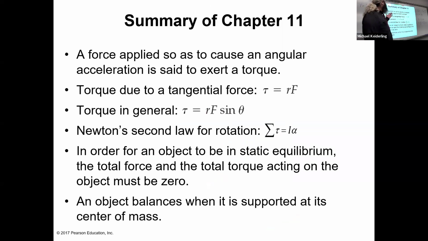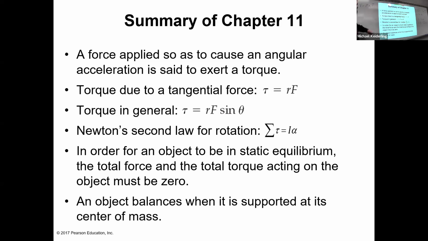So a force that's applied so as to cause an angular acceleration is said to exert a torque. The torque due to a tangential force is radius times force. This is the vector version. The general formula for torque is radius times force times the sine of the angle between them.